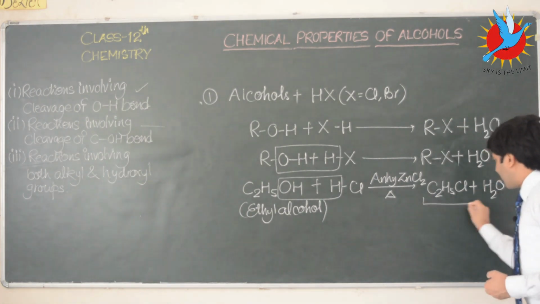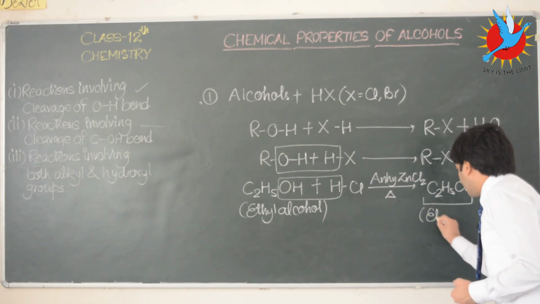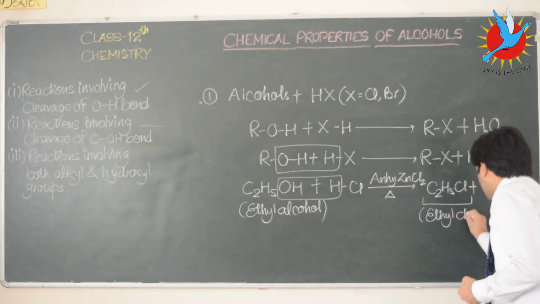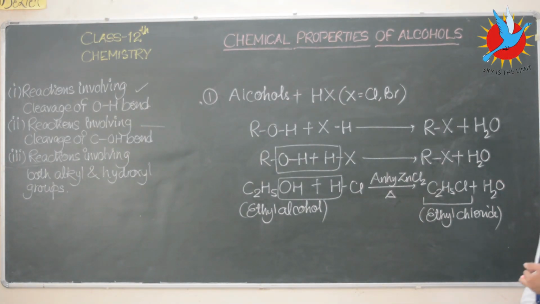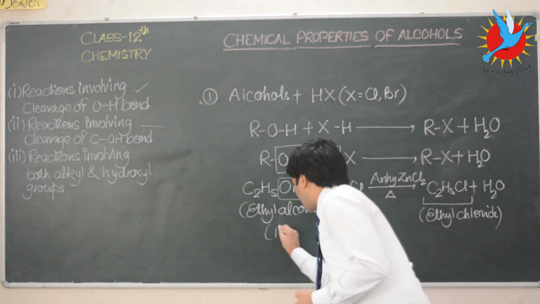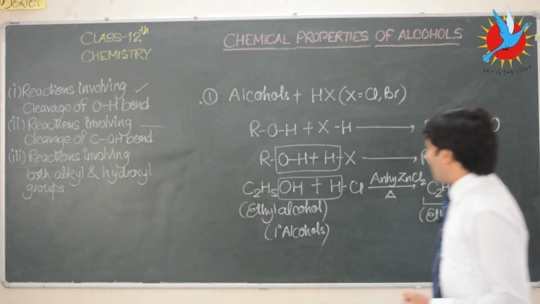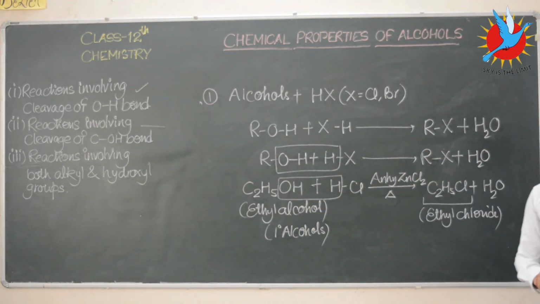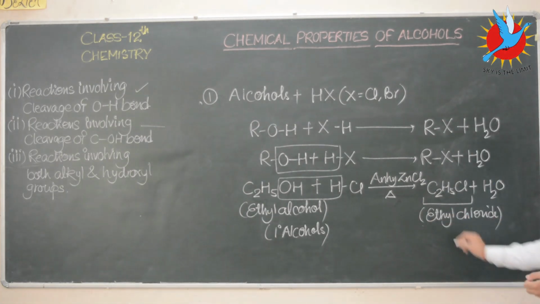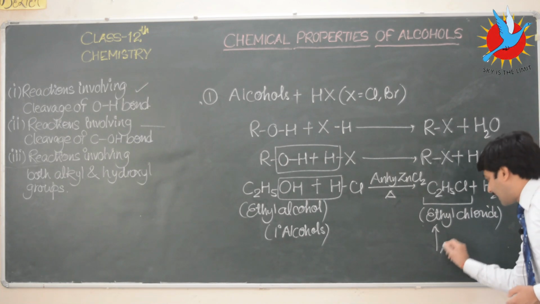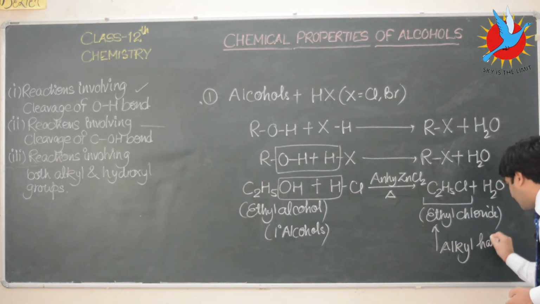It is a type of alkyl halide, and the name of this alkyl halide is ethyl chloride. So the product will be ethyl chloride. This is a type of primary alcohol. So primary alcohols, upon reaction with HCl, will form alkyl halide. Here the alkyl halide which is going to form is ethyl chloride.